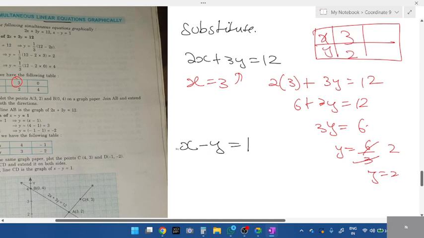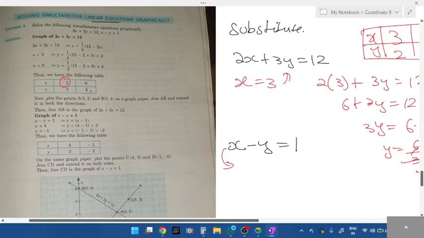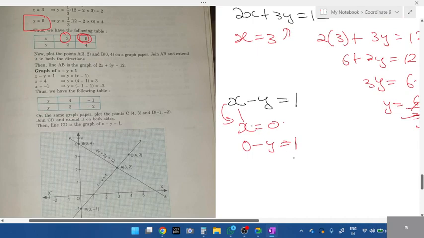Second question. What have they assumed? X is equal to 0. Here what is given? Let x is equal to 0. Substitute in the second equation: 0 minus y is equal to 1. What's the answer?